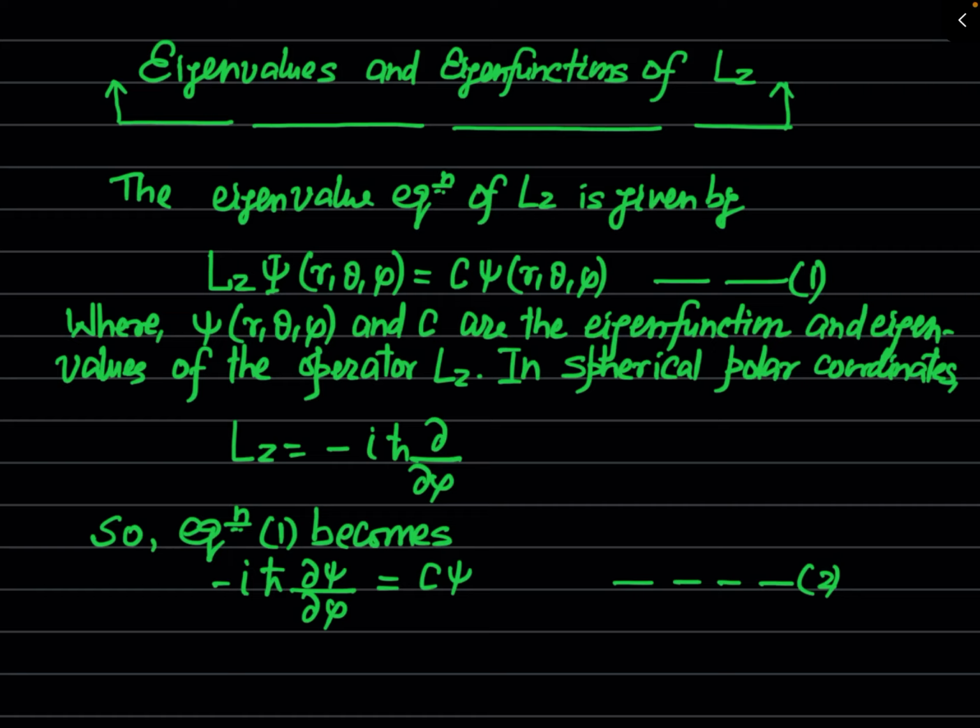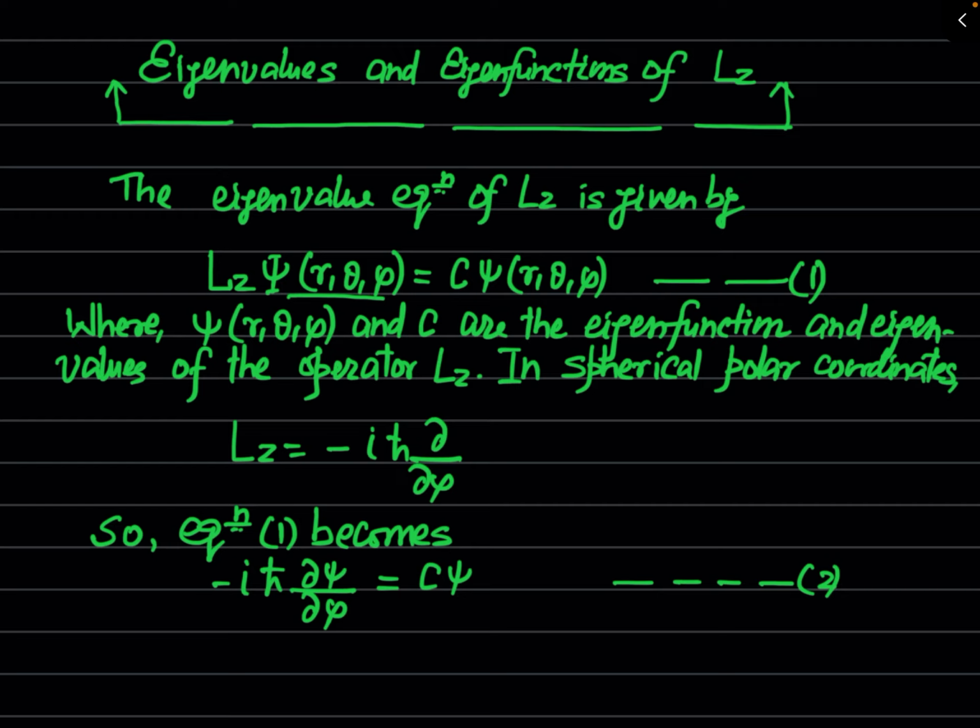So here let us consider that psi of r theta phi is the eigenfunction of this operator and C is its eigenvalue. Then the eigenvalue equation can be written like this: Lz operated on psi of r theta phi equals C times psi of r theta phi.